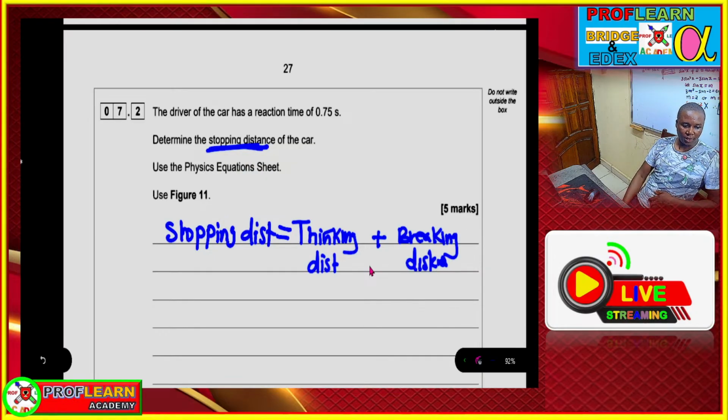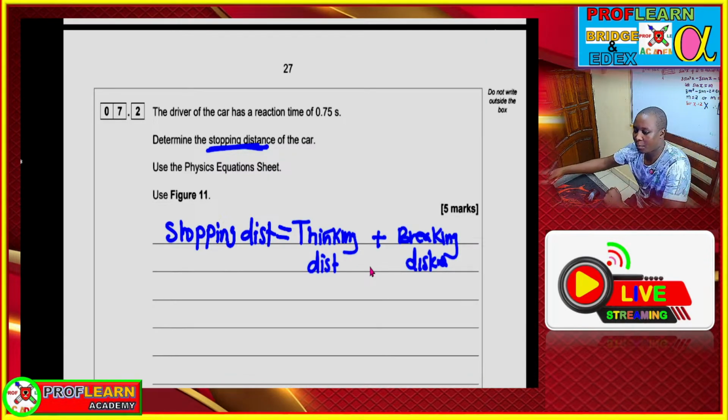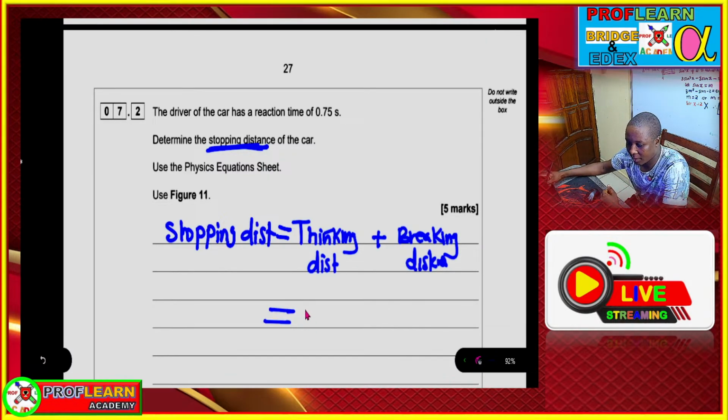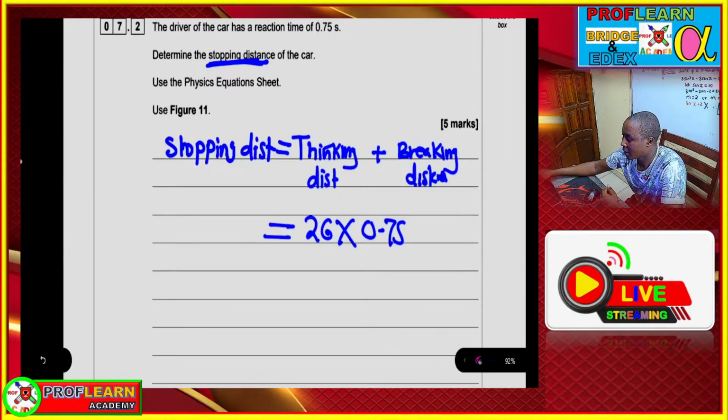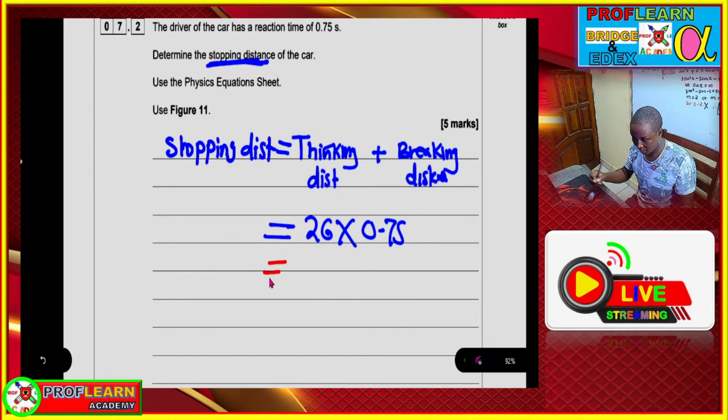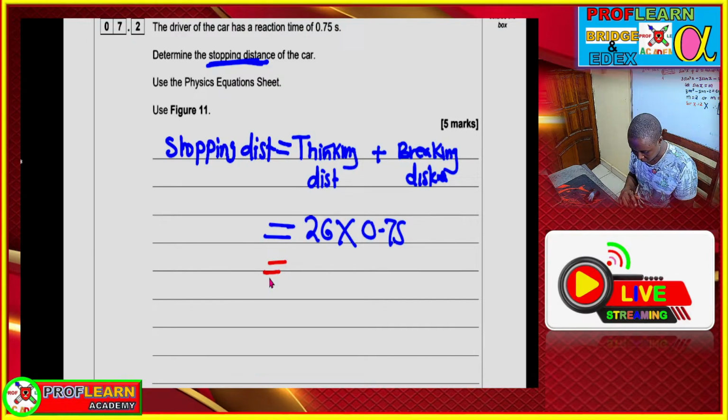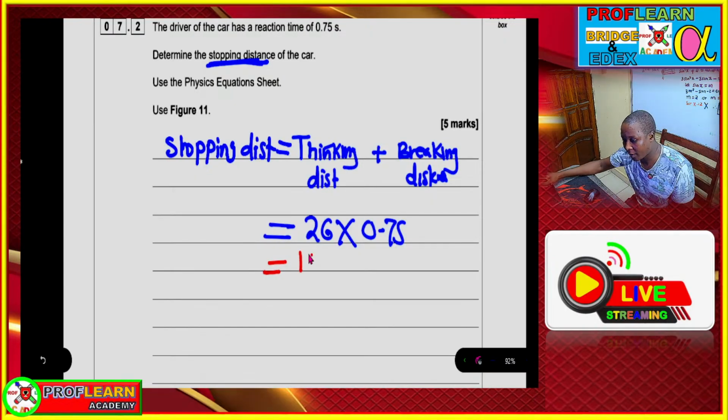So which means thinking distance is going to be calculated from speed times time. Speed, which was 26, times the reaction time, which was 0.75. So if you work it out, that is 19.5 meters. 19.5 meters is our thinking distance.